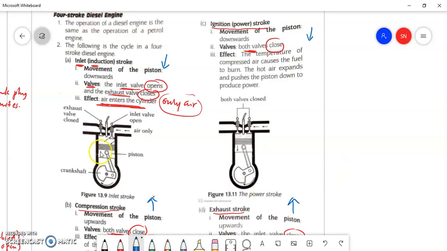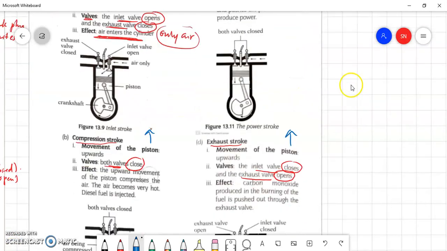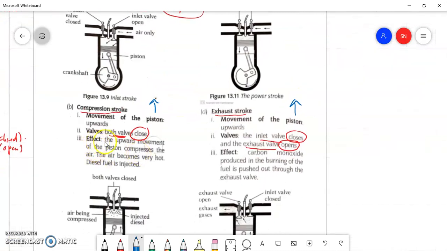For the compression stroke, the upward movement of the piston compresses the air, which becomes very hot. There's no diesel yet at the moment, no mixing of diesel in the compression stroke, just the air becomes compressed and really hot.